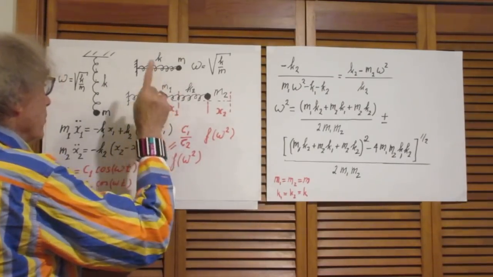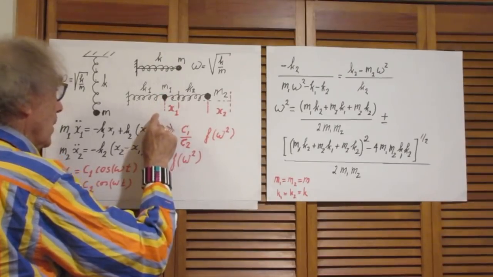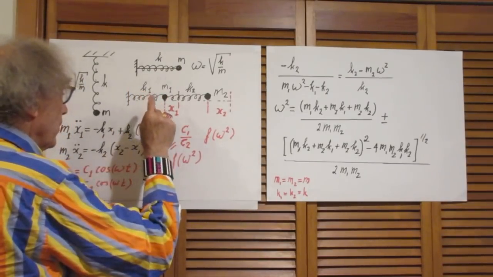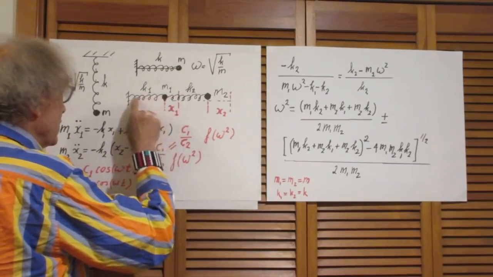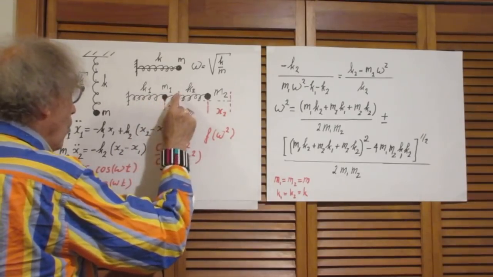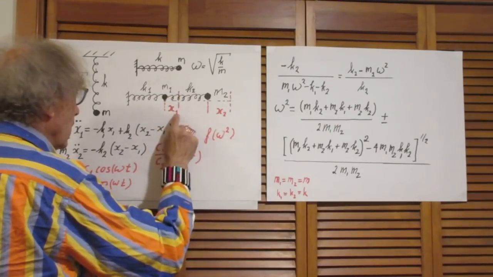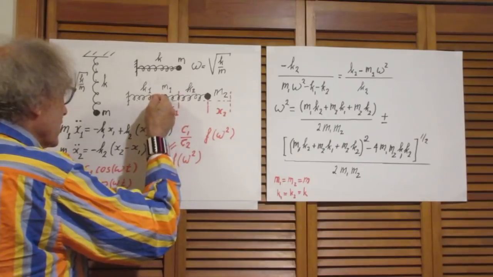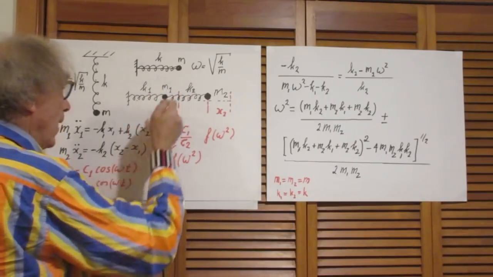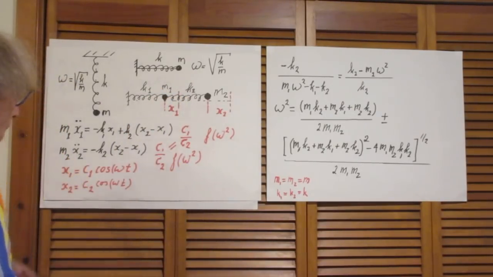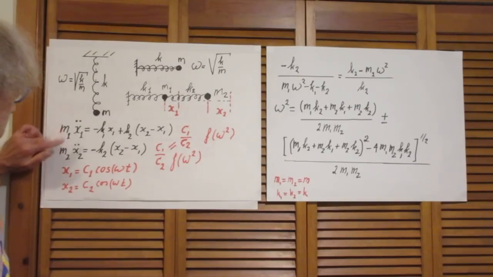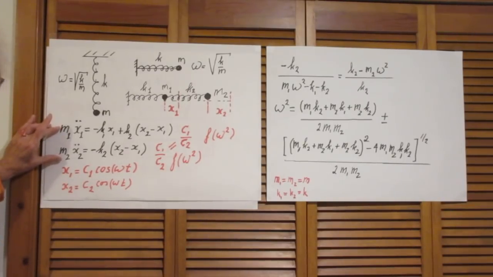But the net force on M1 is also determined by the length of the top spring, which is displaced by an amount x1, so there is a force in this direction, K1 x1, with a minus sign. Look at these two equations. They are at the heart of our solution.